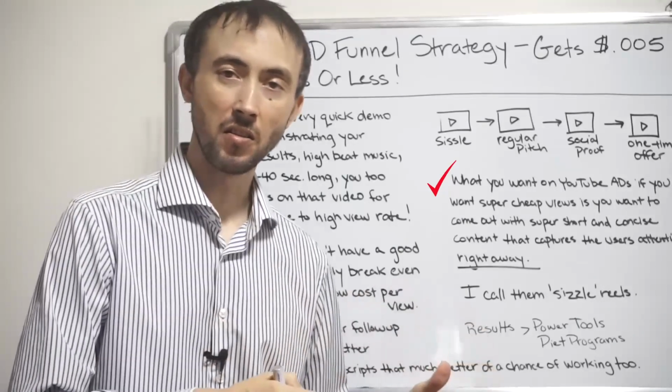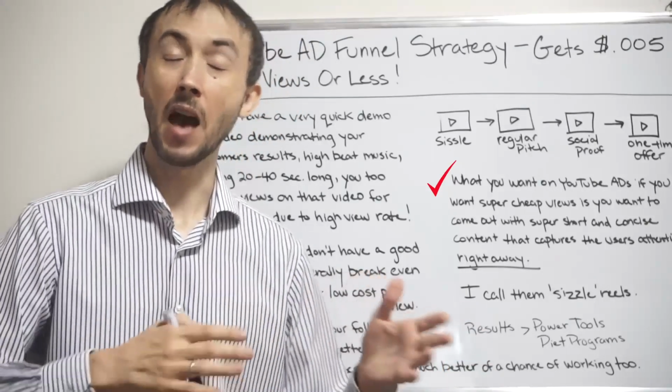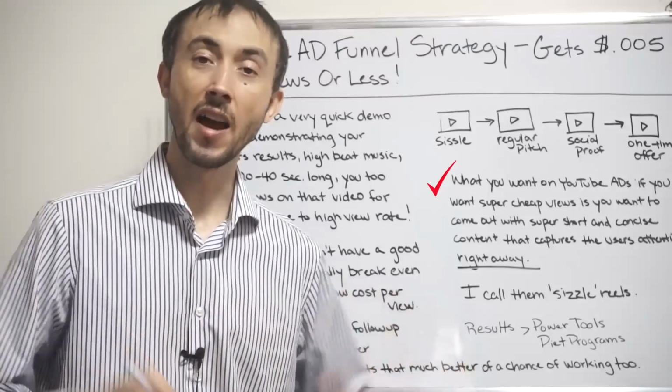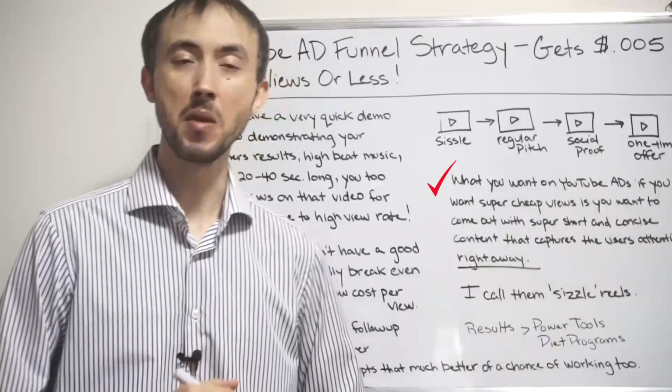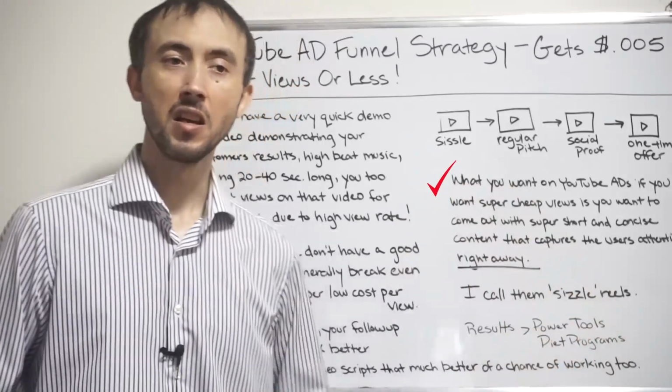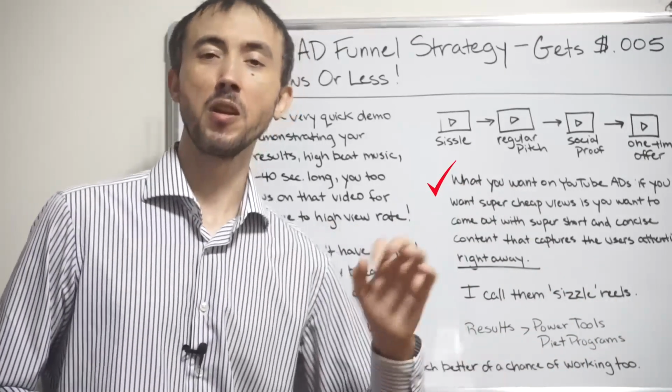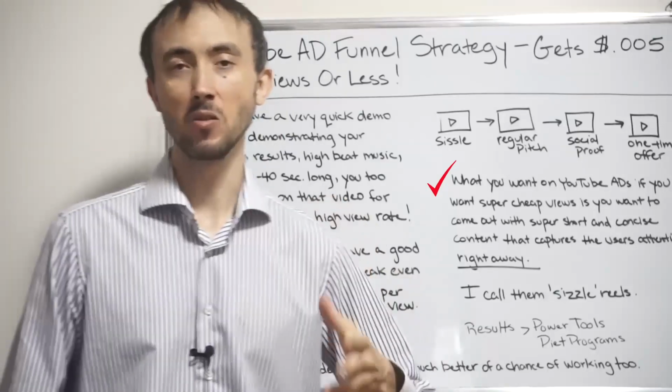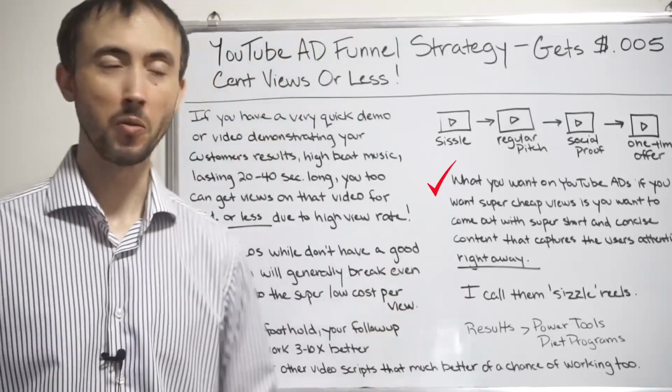You will actually get half a cent views as well, and get 90+% of the people to watch it all the way through, because it's the perfect content for the perfect person, and therefore you have the best chance of making your campaigns work with video ads in general for your company.